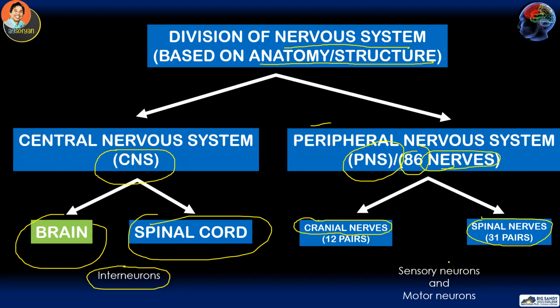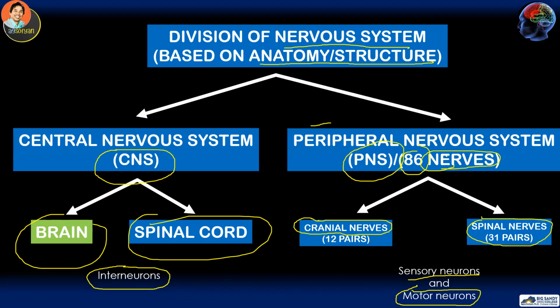And the neurons located in these nerves are the sensory neurons, the ones that carry sensations from the receptor to the CNS, and the motor neurons, which carry orders from the CNS to the effector. So there are three types of neurons based on function: interneuron, sensory neuron, and motor neuron.